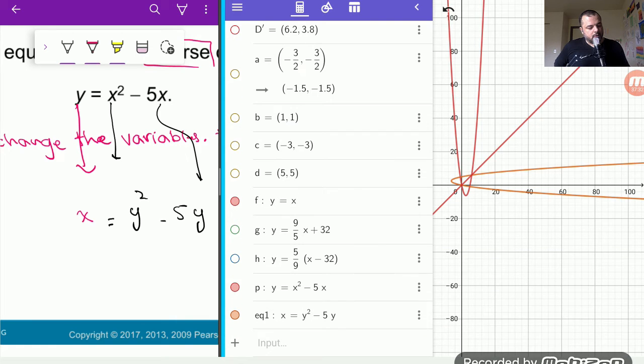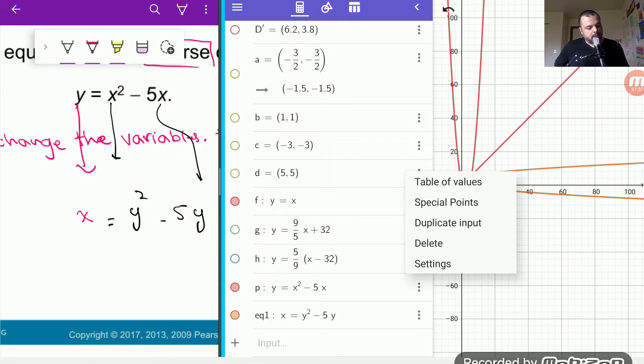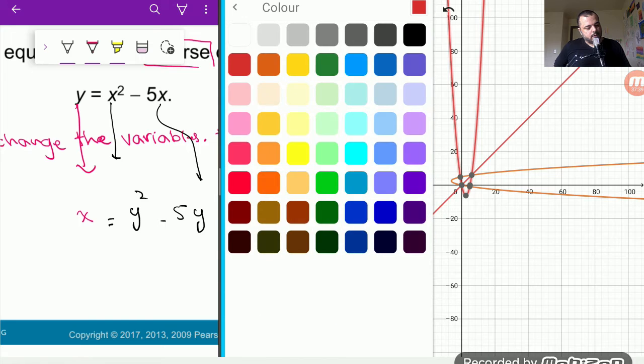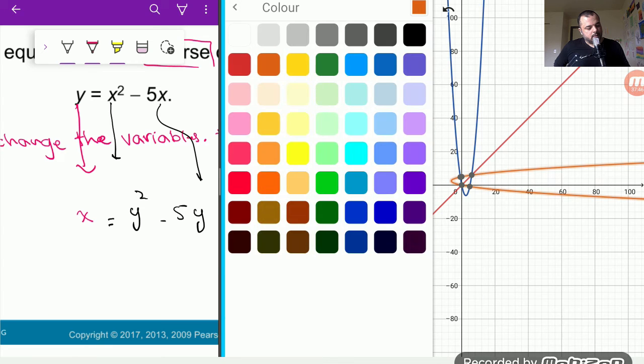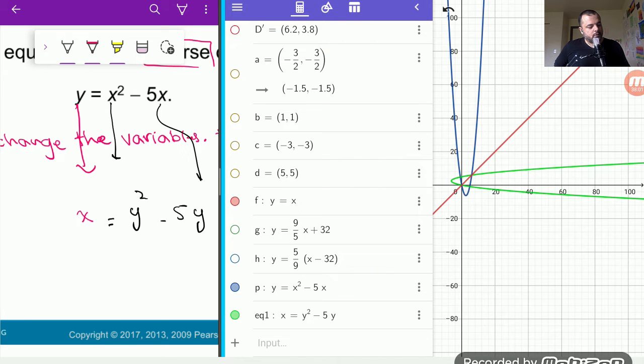Before going there, let me just change the color. So this is going to be dark blue, and this one, green. Yeah, green tells the story.